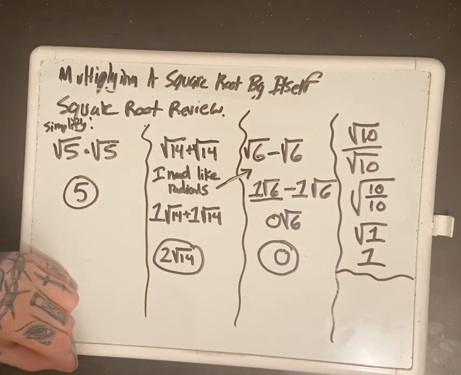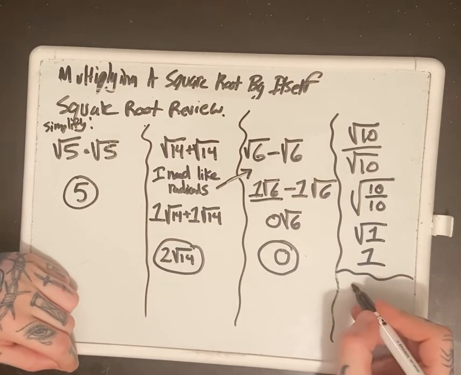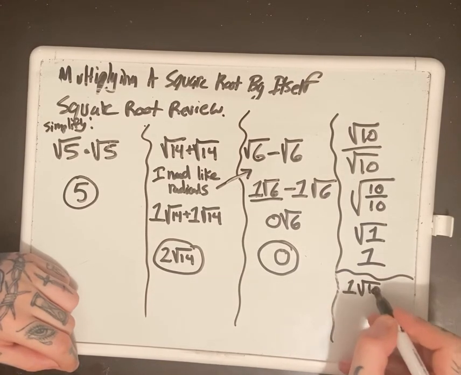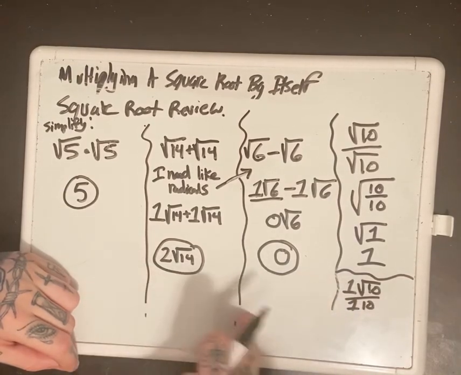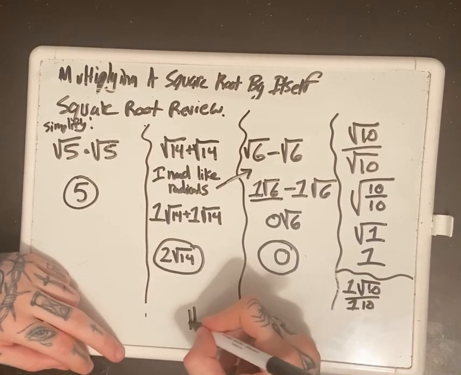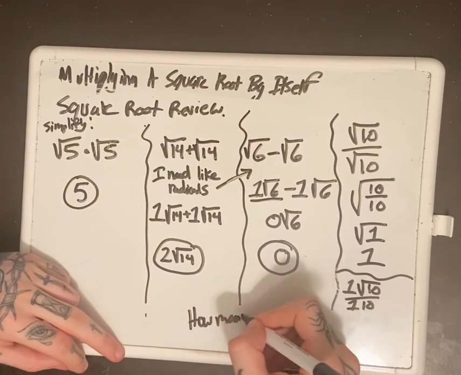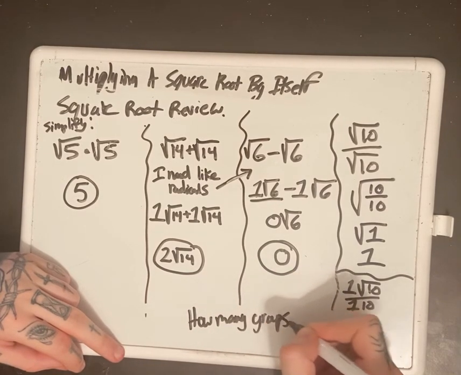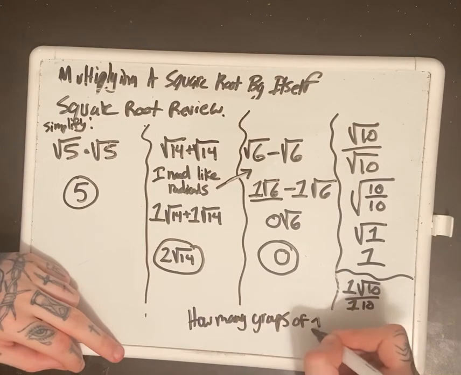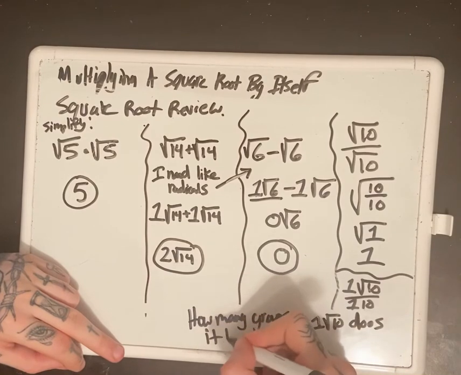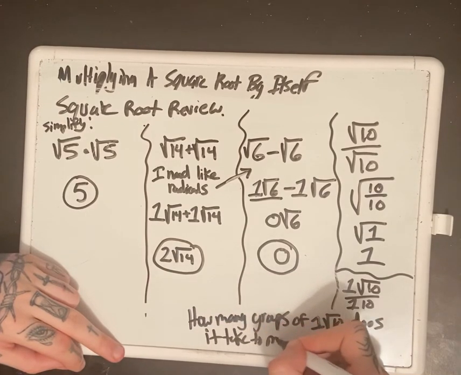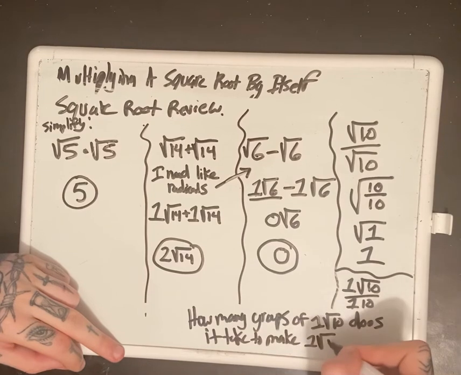Okay? The other way, 1 square root of 10 divided by 1 square root of 10. How many groups of 1 square root 10 does it take to make 1 square root 10?